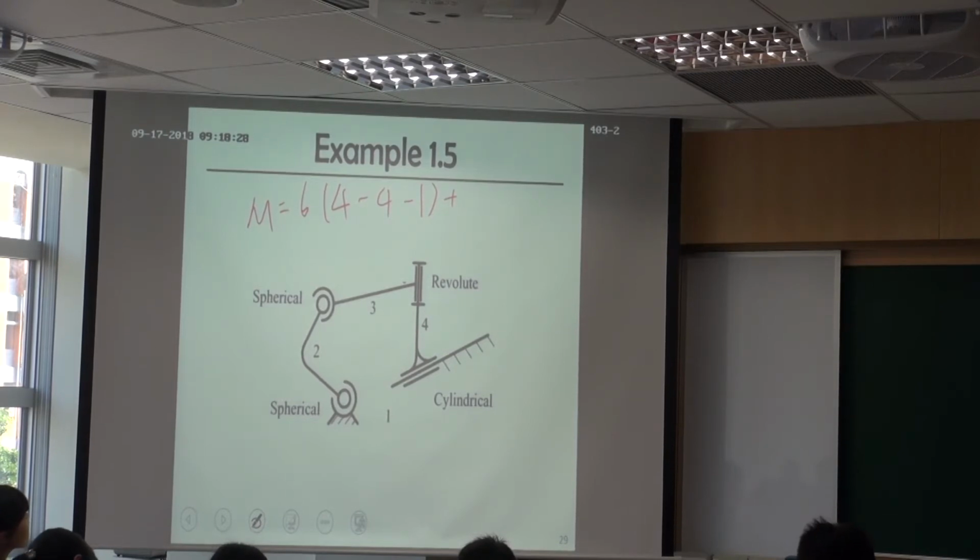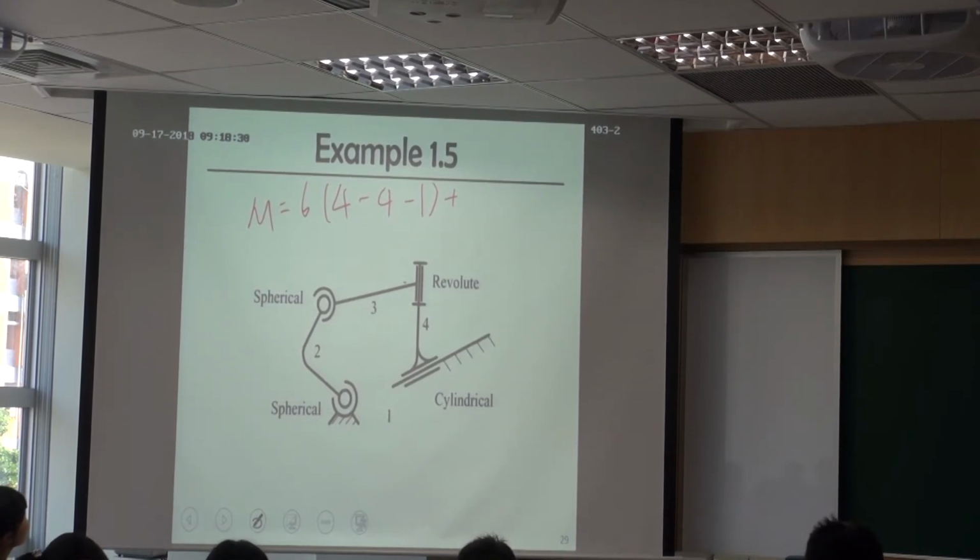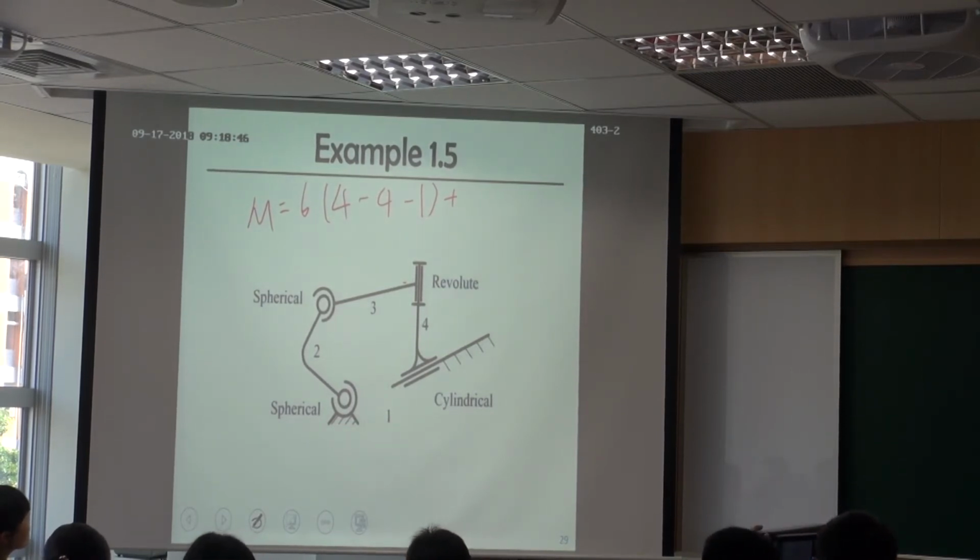But we also need to add the connectivity back for all these 4 joints. So the connectivity means how many degrees of freedom does a joint contain. So how many degrees of freedom can we find in a spherical joint? Do you remember? I think in one of the slides we covered different types of joints.